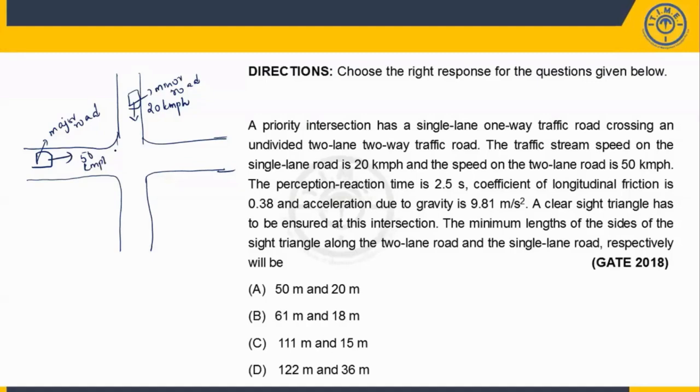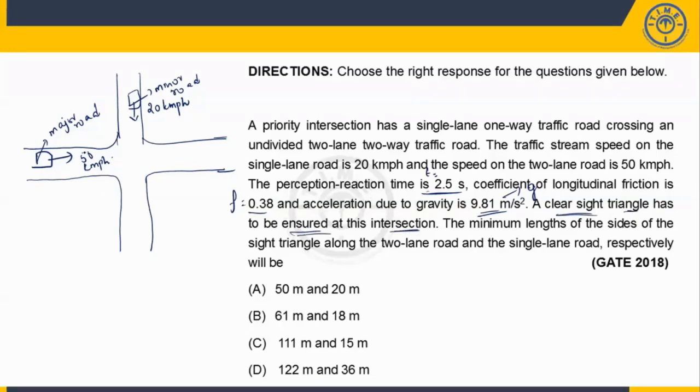50 kmph. Now, what is mentioned now? Perception reaction time is 2.5 seconds. Coefficient of longitudinal friction f is given 0.38. t is 2.5 seconds. g is given to you 9.81 meter per second square. A clear sight triangle has to be ensured at the intersection.